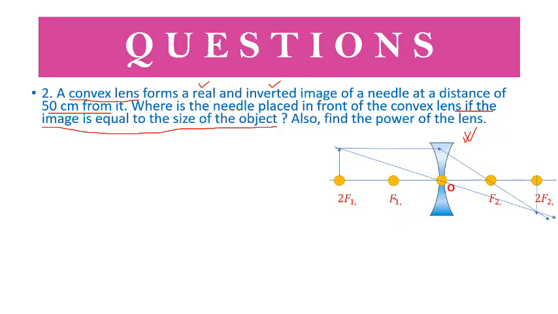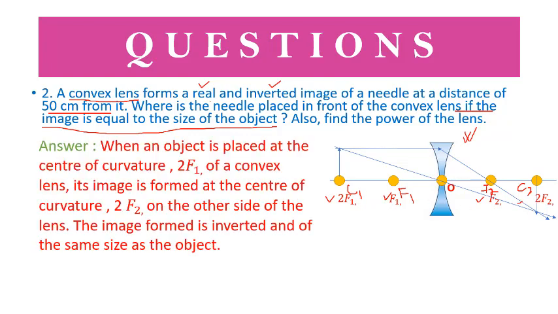Again, one student asked me, sir, I have written F1, F2 and C1, C2 like this. Will my marks be deducted? No, absolutely not. Your marks won't be deducted. You can write F1 to F1, F2 to F2, or F1, C1.